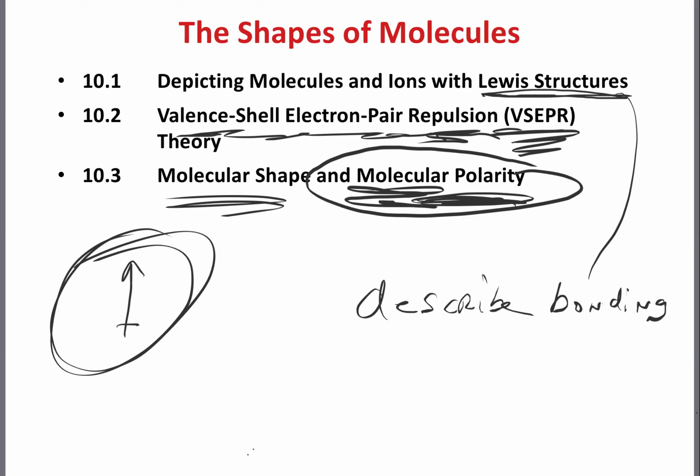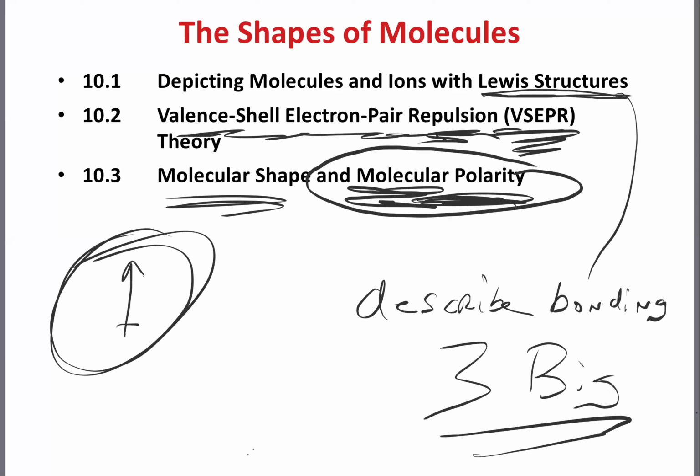And in many cases, once you get the VSEPR theory down and you understand how these vectors work, it'll start to become more obvious whether they cancel or not. Okay, there are some rules you could write on a piece of paper if you want to, but usually we just do it kind of mentally, and we'll explain how to do that as we move on. But these are the three big objectives here for chapter 10, all of which are really super important as you move forward in chemistry.